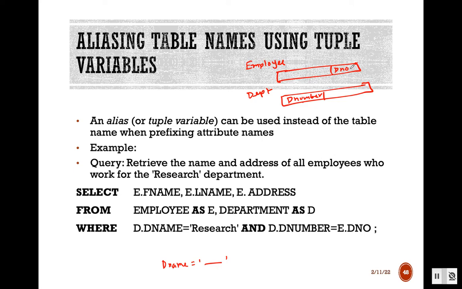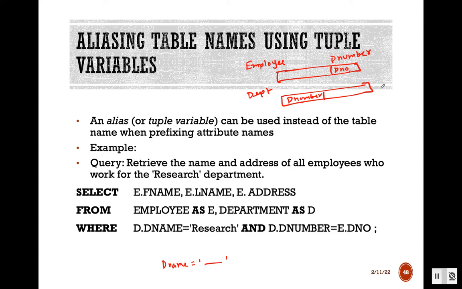The idea is that if attributes are in different tables, their names can actually be the same. You can have a dnumber attribute in a different table. So this attribute name from the employee table doesn't interfere with this attribute name from the department table.